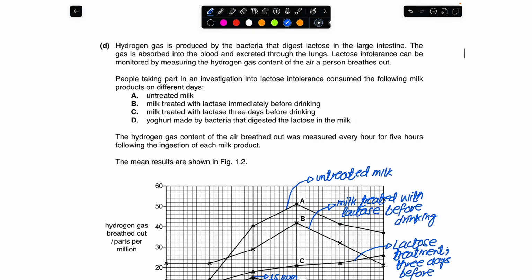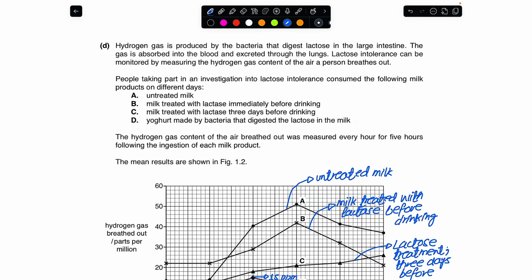Moving on toward the D part, this is related to the diagram that they showed us above. Here the examiner is presenting the way we can monitor lactose intolerance.